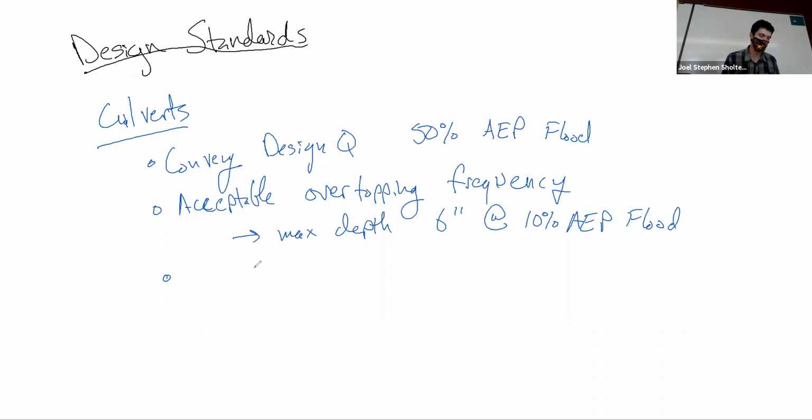And then maybe the road should be able to withstand scour. I should call this a stream crossing.